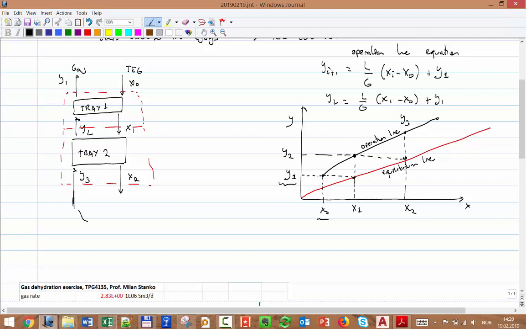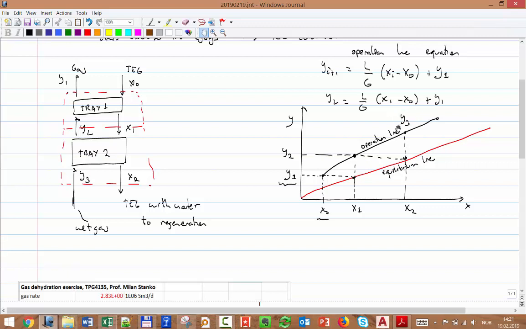Y3 will be the wet gas that I have from the separation, right? And X2 will be the wet TEG, or the TEG with water, to regeneration. And that's how I find exactly how many stages: 1 stage, 2 stages, and I reach Y3.